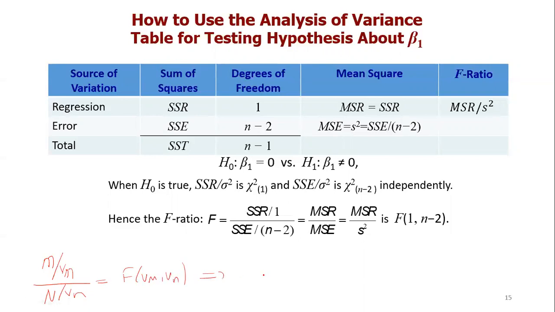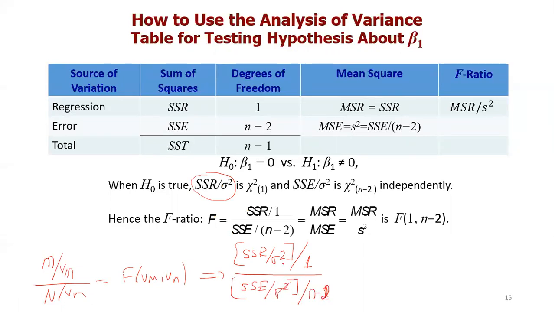Using this, remember, SSR divided by sigma square is a chi-square random variable, divided by its degrees of freedom, which is 1, divided by SSE divided by sigma square, divided by its degrees of freedom, which is n minus 2.